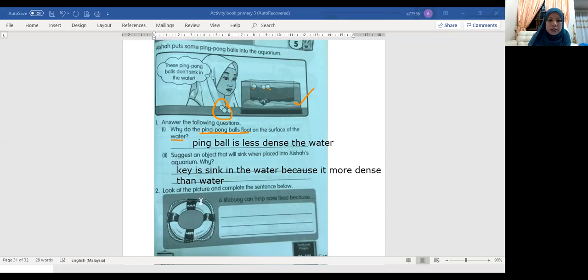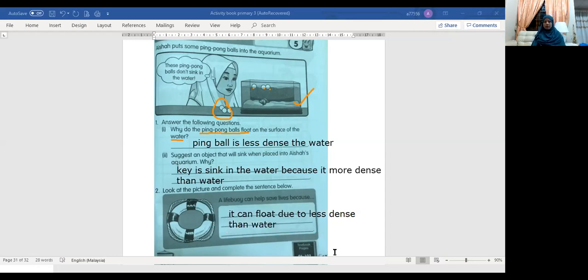The life buoy, the buoyancy, the float, can help save life because, why? Because it can float. It can float due to being less dense than water.